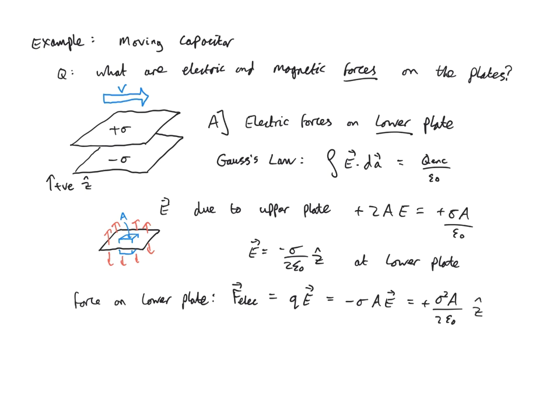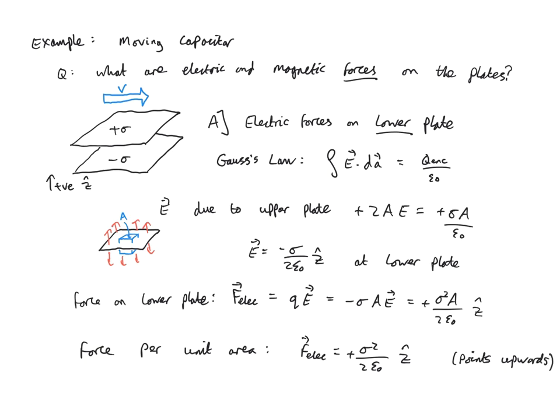So what we're really interested in, I guess, is the force per unit area. Let's call that little f. That's just plus sigma squared over 2 epsilon naught in the z hat direction. It points upwards.